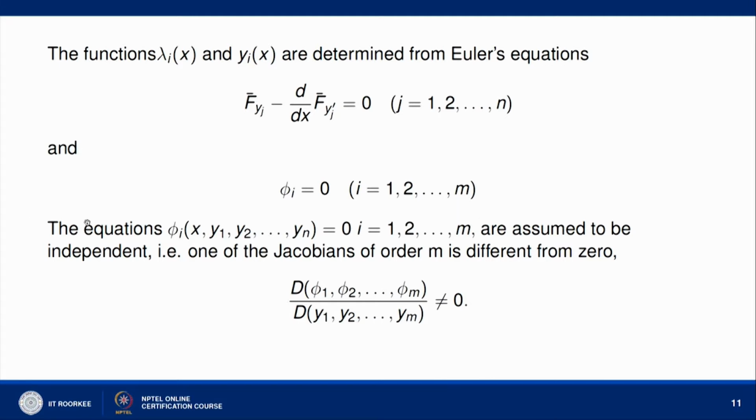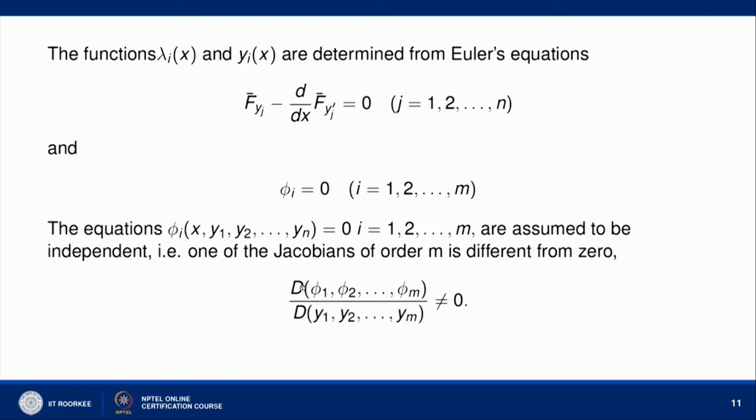The constraint equations phi i(x, y1 to yn) equal to 0, i equal to 1 to m, are assumed to be independent. So here we assume that the constraints are independent, which means that none of the constraints can be written as a linear combination of the others. This can be rewritten in the form of Jacobians.